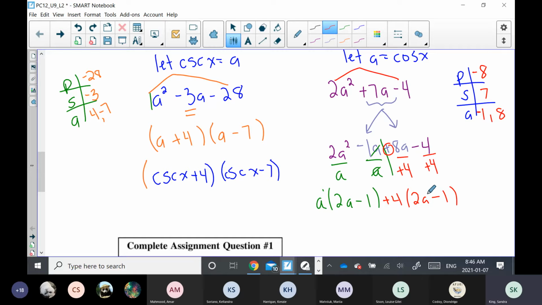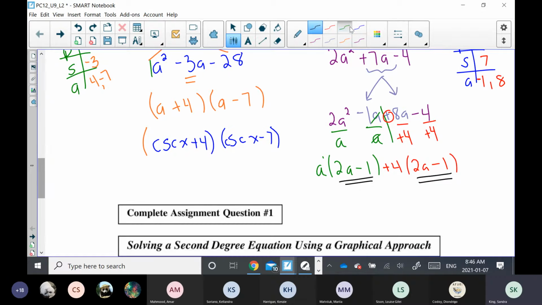What I like about PSA 2 is these two brackets are your check. If these two brackets are the same, you did your factoring correctly. So we did it correctly. Factor out one of those brackets, 2a minus 1. So that's gone, and your remaining factor is what's left over: a plus 4.